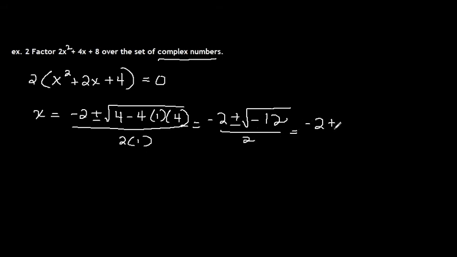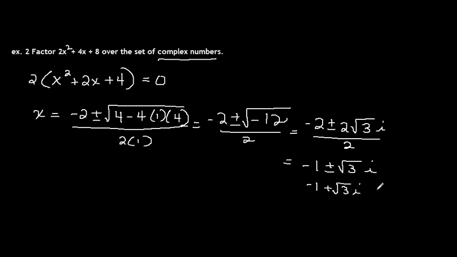Negative 2 plus or minus, it's 4 times 3, so we can take out the square root of 4, which is 2, square root of 3 i, because it's negative, all over 2. And finally, the 2's all cross out, so we get negative 1 plus or minus the square root of 3 i. And you can see how it's a conjugate pair. We have negative 1 plus the square root of 3 i and negative 1 minus the square root of 3 i. Your solutions, if it's a complex number, are always going to occur as a conjugate pair. Remember, for a conjugate, you just change the middle sign.